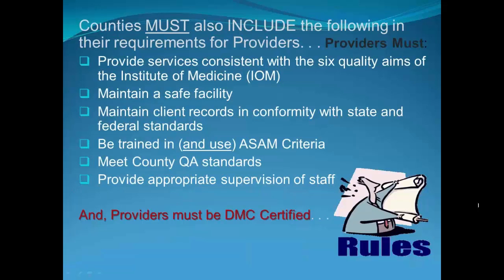Other things that need to be considered is providing services, selecting providers. Your contract that's developed must include that the providers provide services which are consistent with the 6 quality aims of the IOM, the Institute of Medicine.